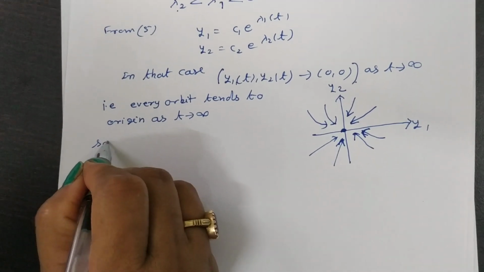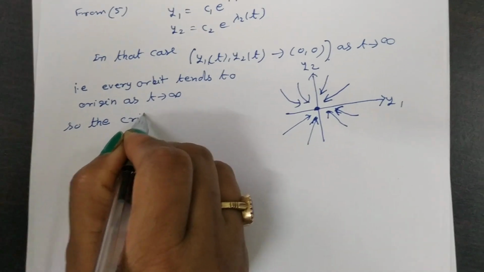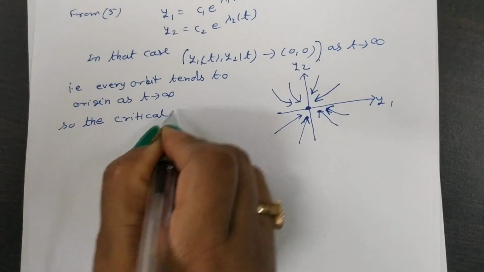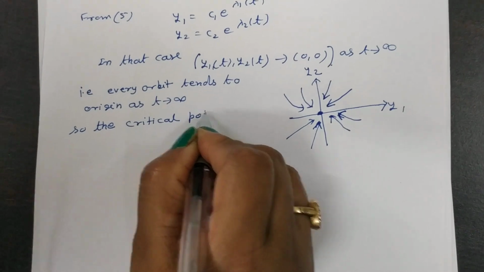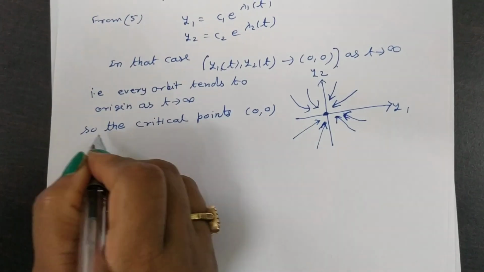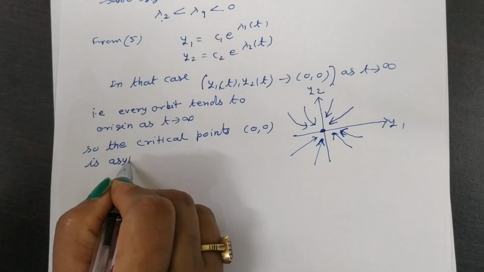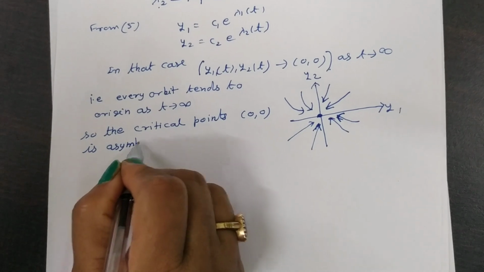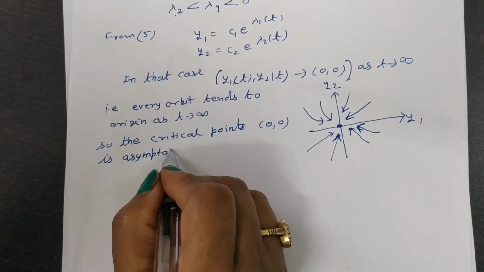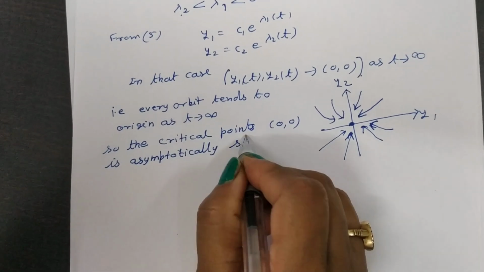So the critical point 0, 0 is asymptotically stable.